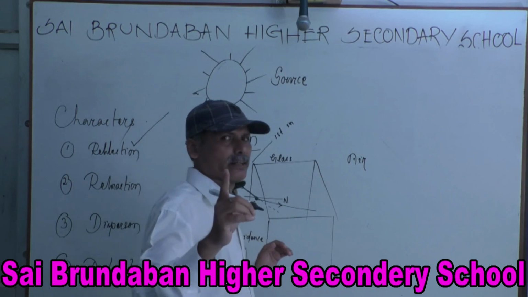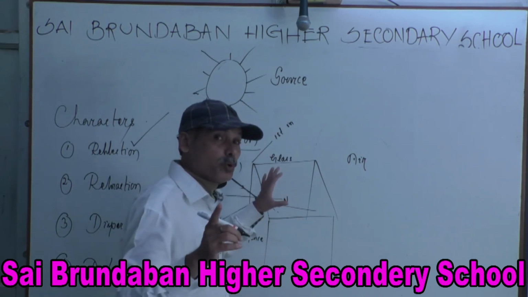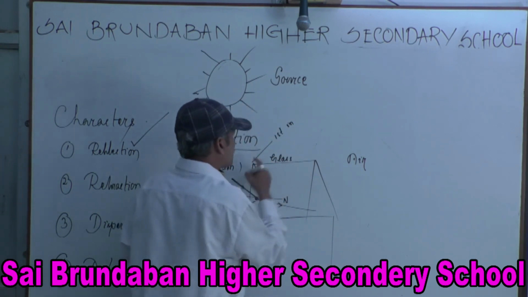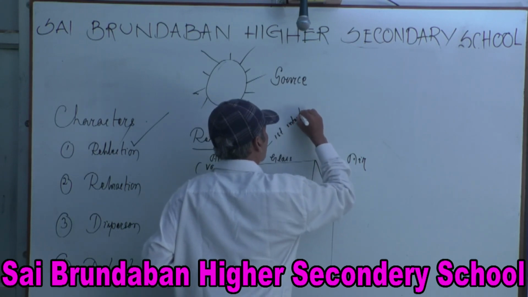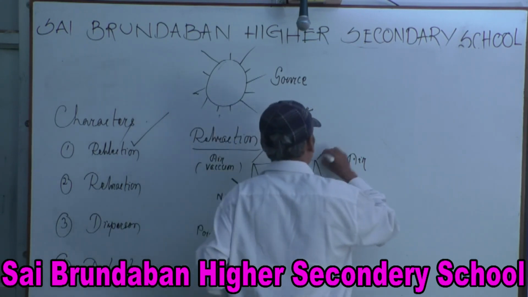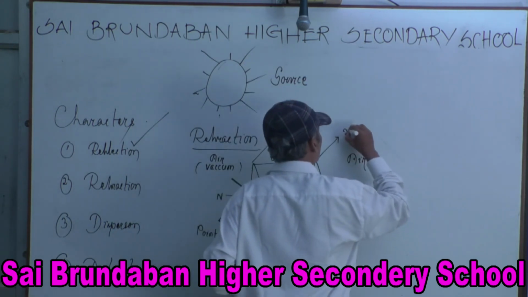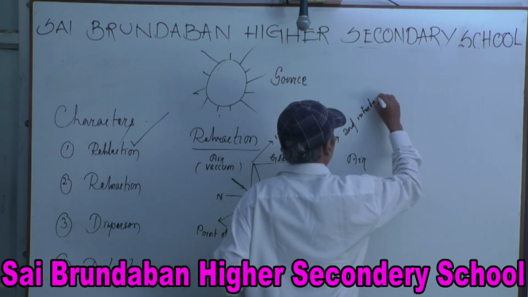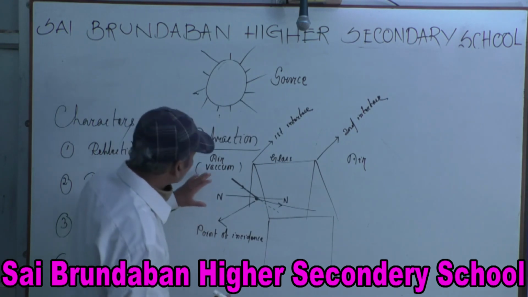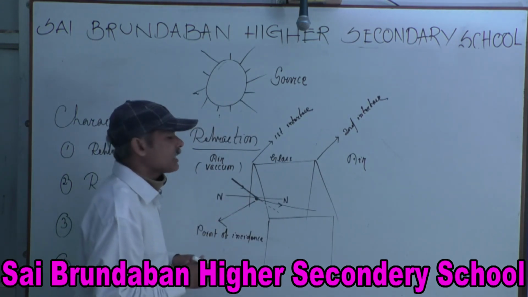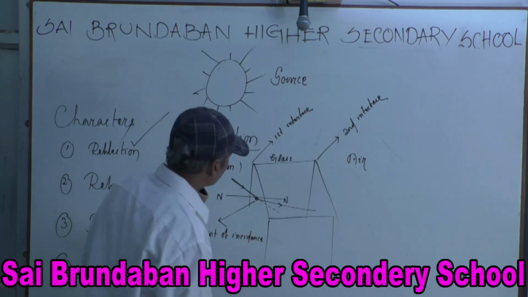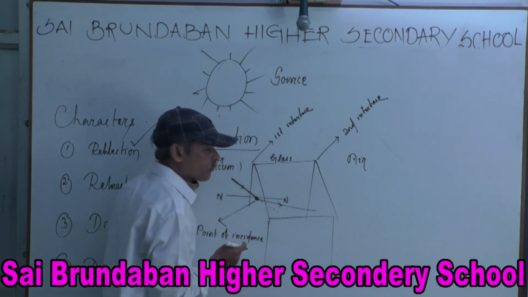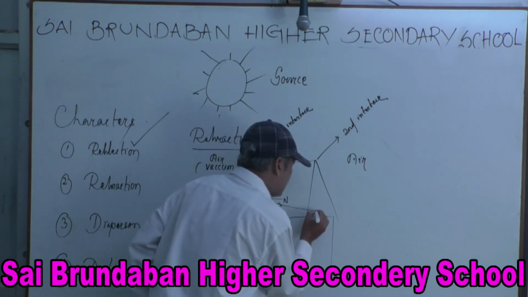Try to remember the word. The words are mostly essential to write anything about optics. Interface. So this is the first interface, and this is the second interface. What happened? The incident ray transmitted through the transparent medium and bends towards the normal and hits the second surface here.